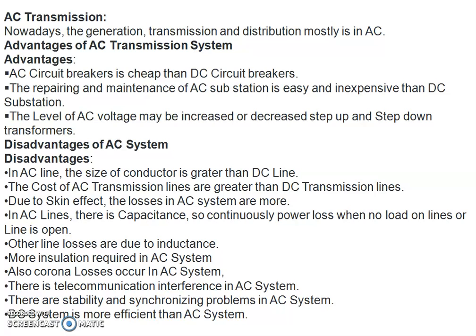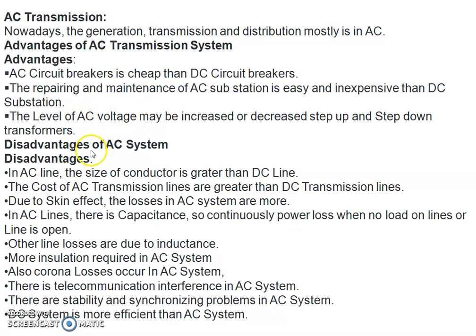AC circuit breakers are cheaper than DC circuit breakers. The repairing and maintenance of an AC substation is easy and less expensive than that of a DC substation, and the level of AC voltage may be increased or decreased, that is step up or step down, with the help of a transformer. This is an advantage of AC.